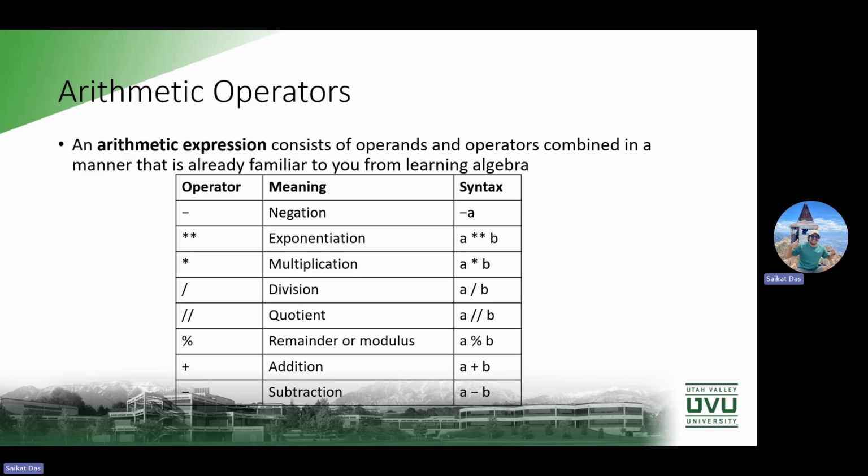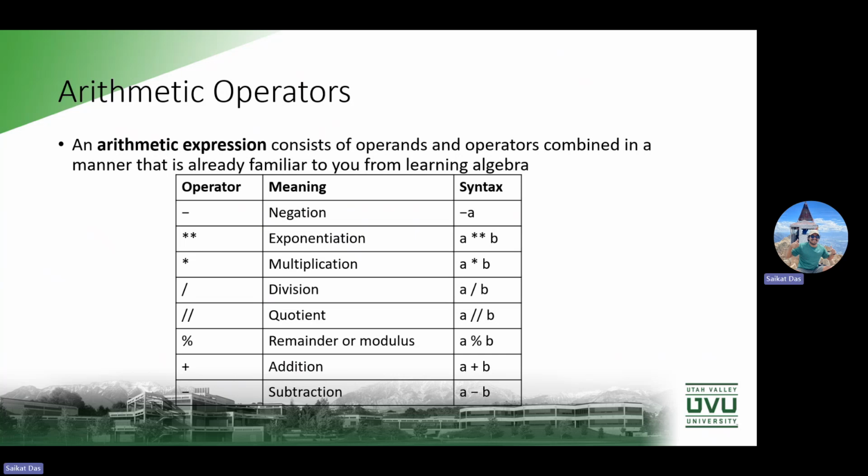It's like 2 multiplied by 2 multiplied by 2. Since we're using multiplication multiple times, that's why we're using the multiplication sign 2 times in the case of an exponential. So for 2 to the power of 3, in the code we need to write 2 double-asterisk 3. That means it is 2 to the power of 3. It is not 2 multiplied by 3, it is 2 to the power of 3.